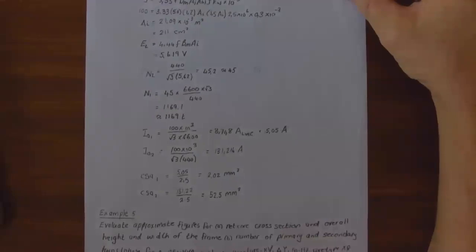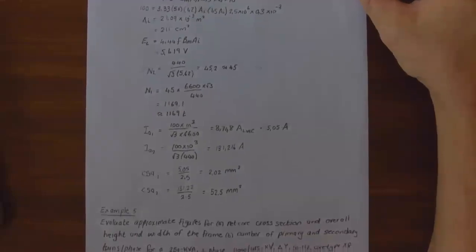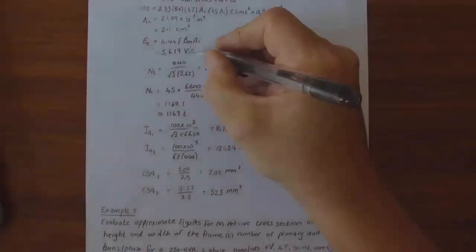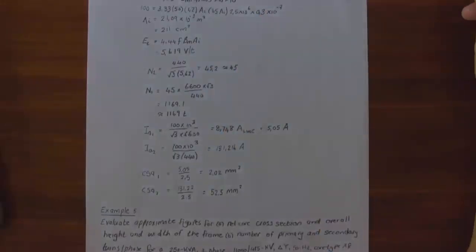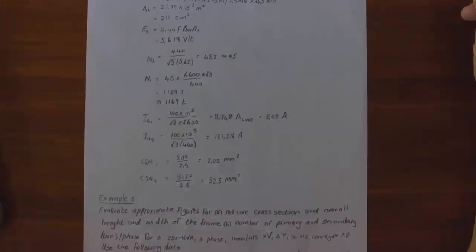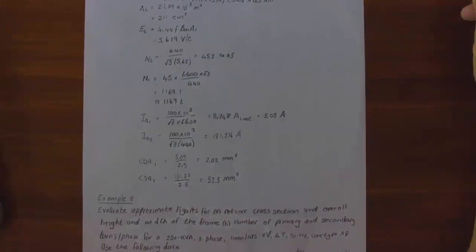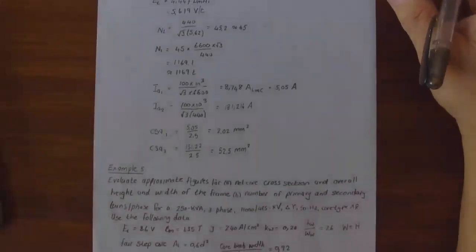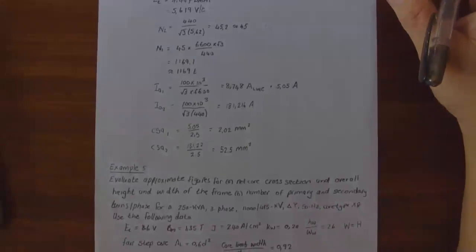Substitute that into the equation for the EMF per turn, and we get 5.619 volt per turn. So therefore N2 is 440 divided by square root 3 because it's star. And it gives us 45.2 turns, more or less 45. So N1 using K_T gives us 1,169 turns.